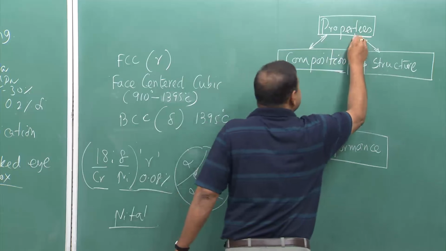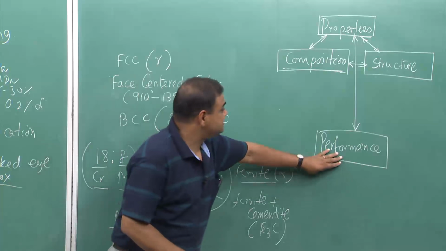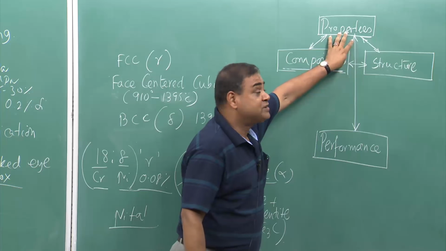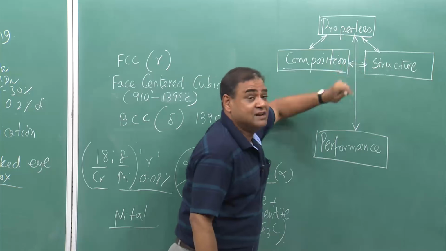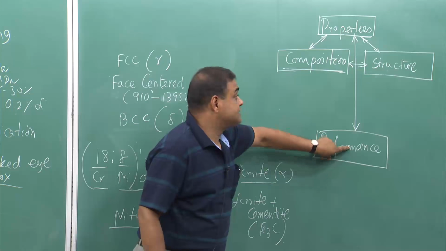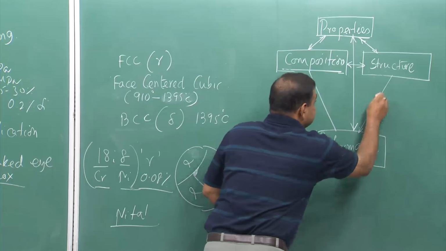So, these two are also interrelated, isn't it? So, performance, composition, structure, properties, these four terms: we have already seen that these three are interrelated. Now, this is interrelated with this. Can we not say that these two are also interrelated?